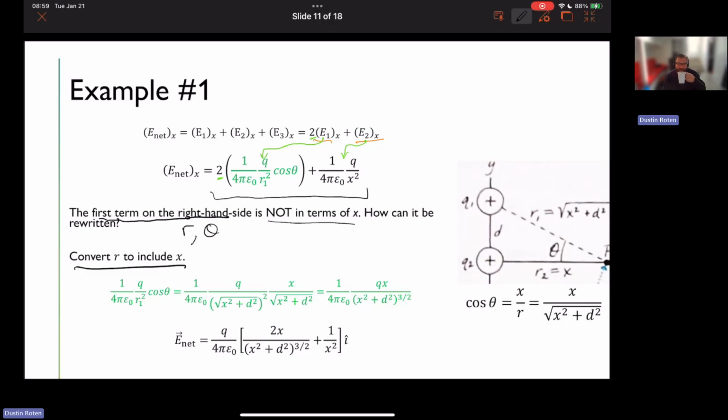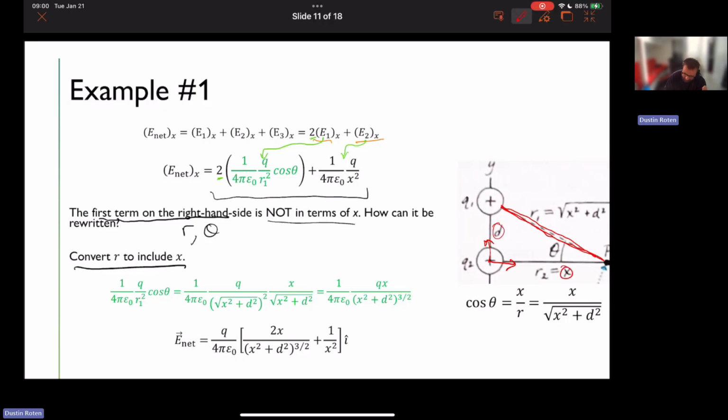Now let's think about how we're going to do this. We have this distance over here. This is the r we're talking about, r1 squared. Because this is a right triangle, we know the sides. We know one side is d.